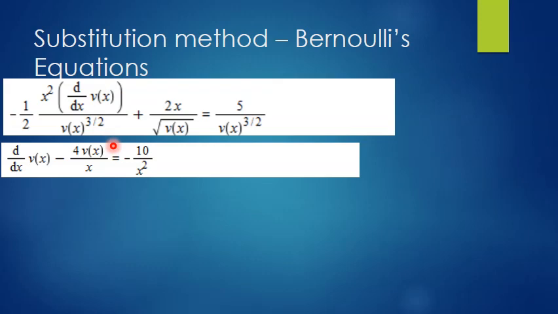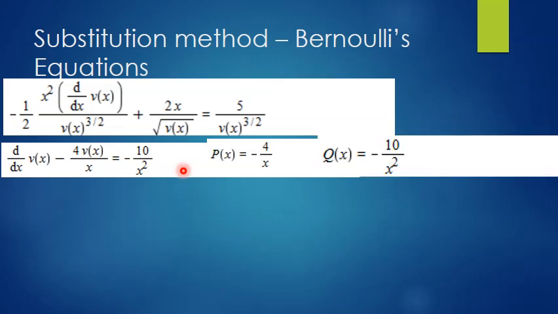If we do that, it turns into this. Now, this is a differential equation we can solve. It is a linear differential equation. Our p of x is this. Our q of x is this.